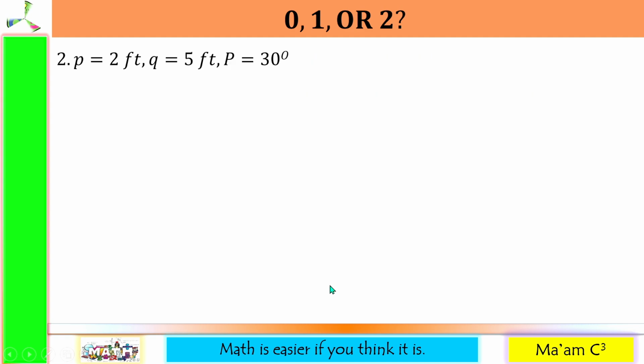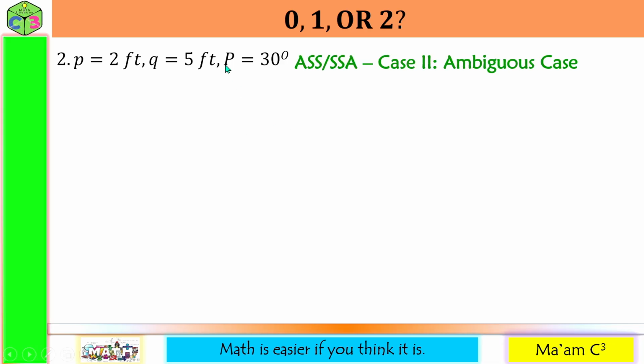Let's have another one. I have p is equal to 2, q is equal to 5, and angle P is 30 degrees. Side, side, angle. ASS or SSA. Again, ambiguous case. Let us take a look at the given angle, that is 30 degrees, and it is an acute angle.